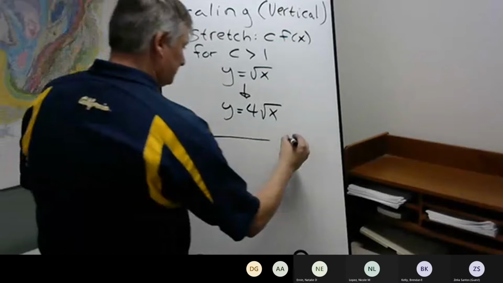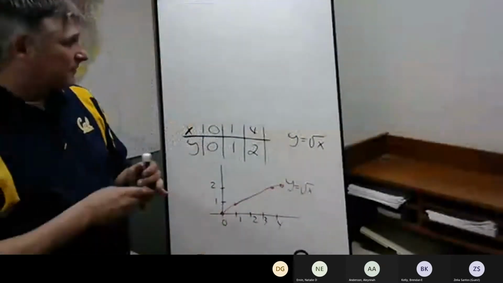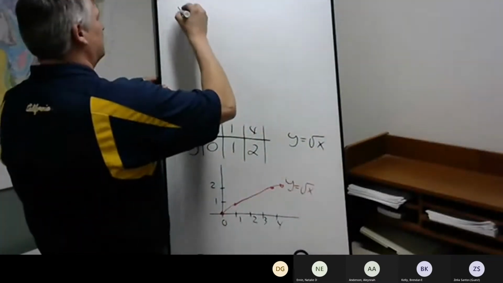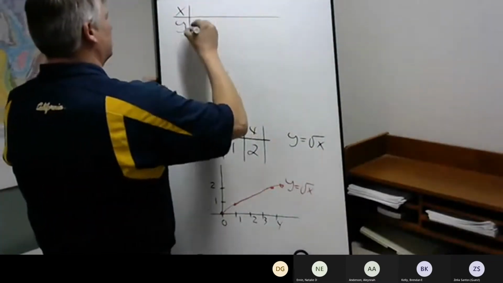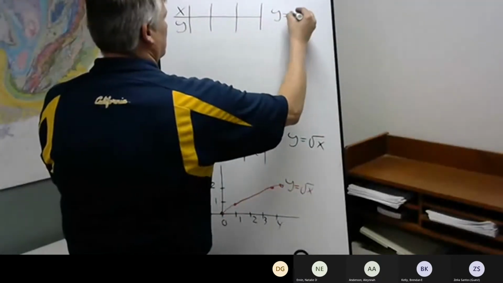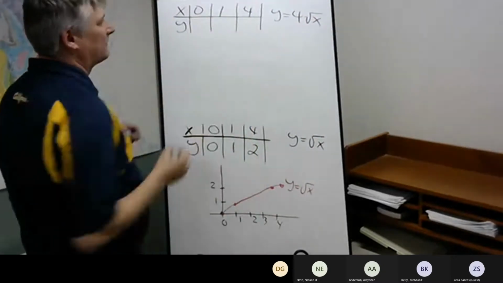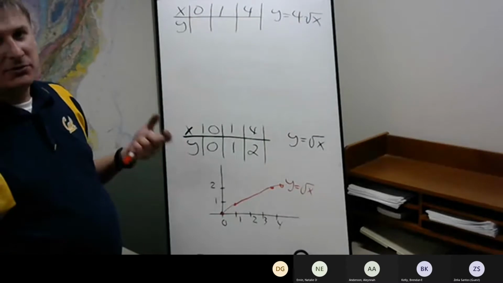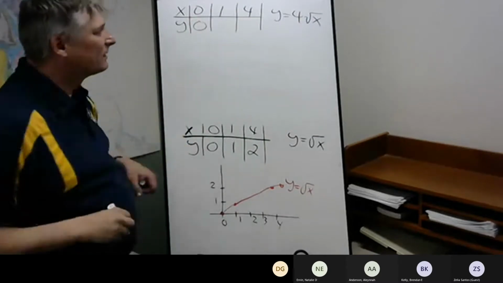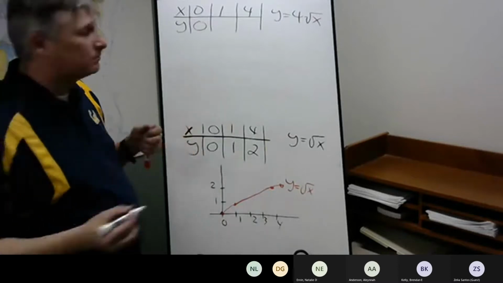So what happens if we scale this by the number 4? We're going to vertically stretch it, by a factor of 4. Square root of 0 is 0. 0 times 4, 0. Square root of 1 is 1. 1 times 4, 4.